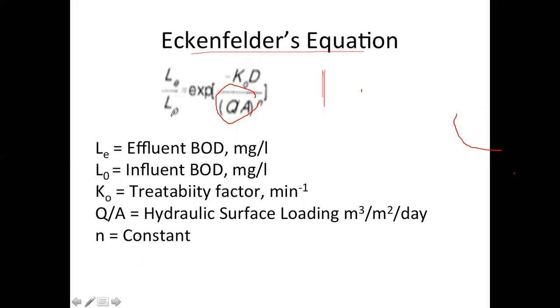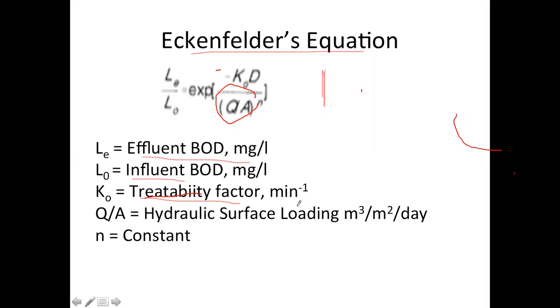So LE divided by L0 is equal to exponential of minus K0 D divided by (Q by A) to the power N. LE is the effluent BOD in milligram per liter, L0 is the influent BOD in milligram per liter, and K0 is the treatability factor, in the same way which we have used here again.